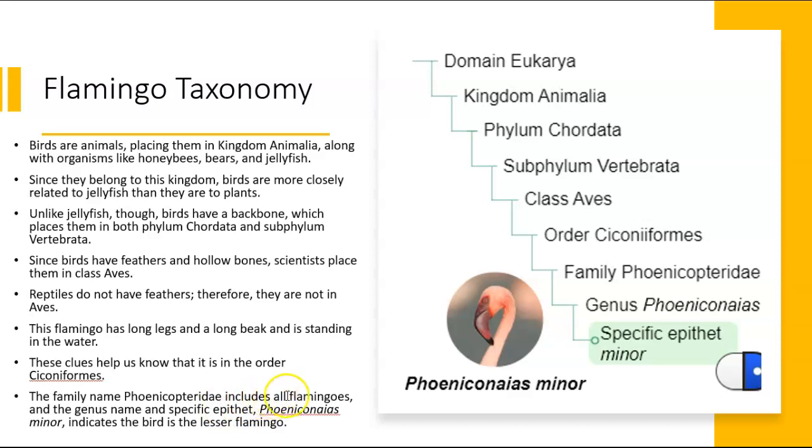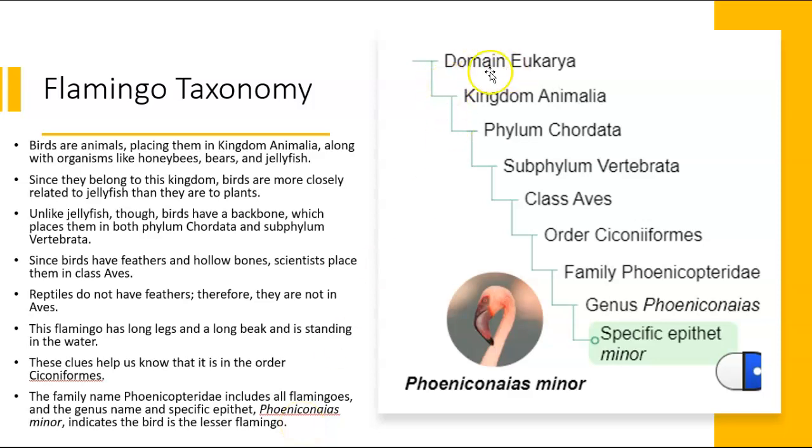I think I put an extra vowel in there. That is flamingos, and their genus is related to the family name, and then their specific epithet is minor. It's the lesser flamingo. So Phoeniconaias minor is the scientific name for this flamingo.